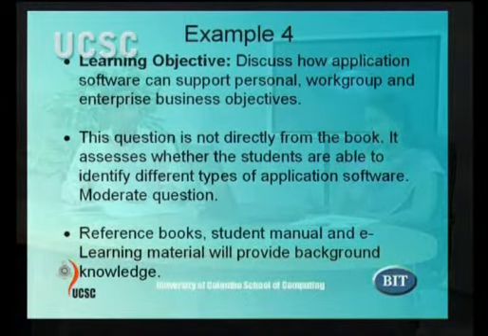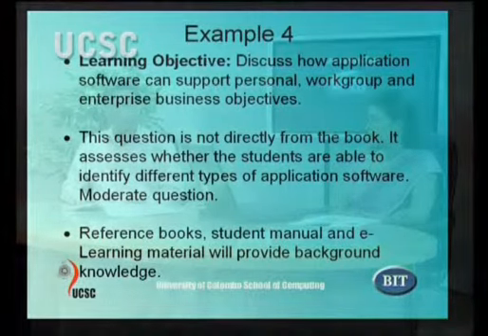Now similarly, as you mentioned earlier, it's not directly from the book, so they have to read it, analyze it and apply their knowledge. Therefore this can be considered as a moderate question. Yes, because that means students need a little bit more time to understand, and also think about what they have learned and then decide what are the correct choices and what are the wrong ones. So I understand it seems to be a moderate question.